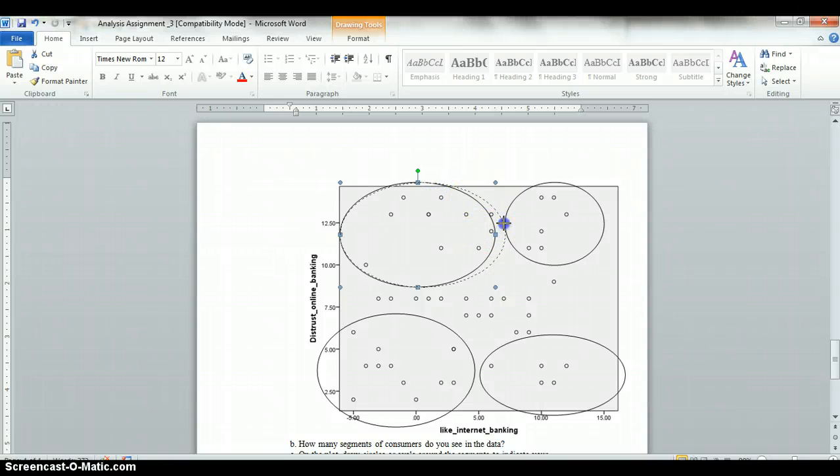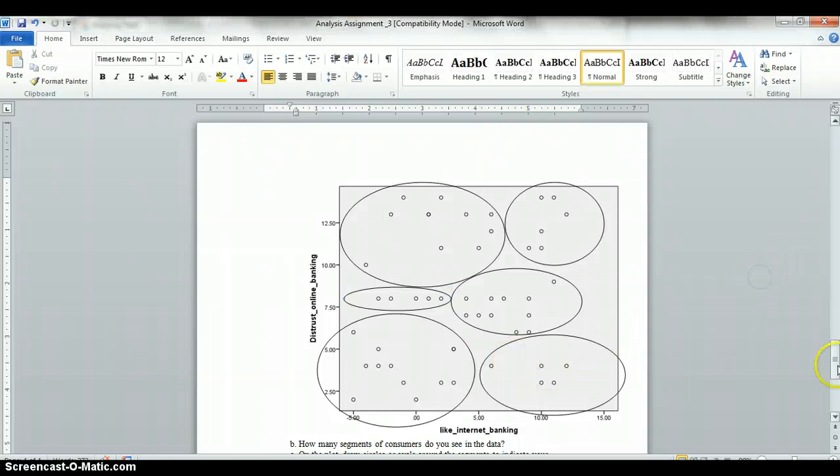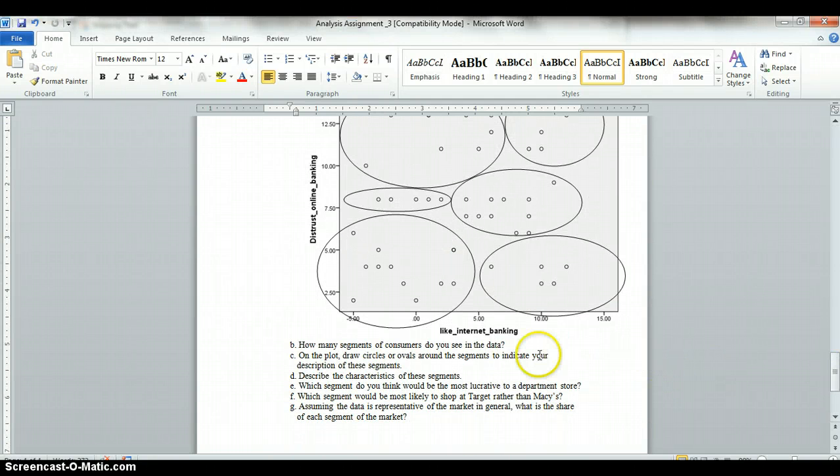Hopefully this makes sense. I've got to get my middle ones. Okay, I'm also going to say, and just do the best you can with these ovals. And finally, this one. So I'm saying I have 6 segments: 1, 2, 3, 4, 5, 6. I see 6 segments.